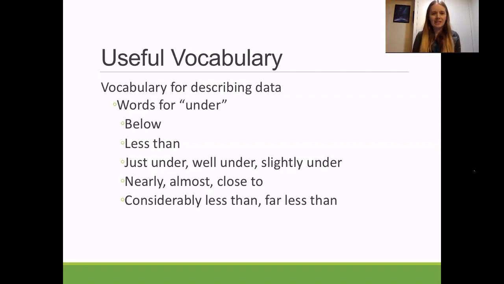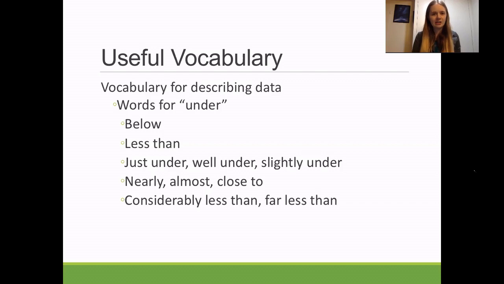Describing data is a very specific thing. You should be prepared to talk about things that are higher or lower or equal to or the same as, and you can look at phrases that mean the same things so that you're not always saying the same word over and over.